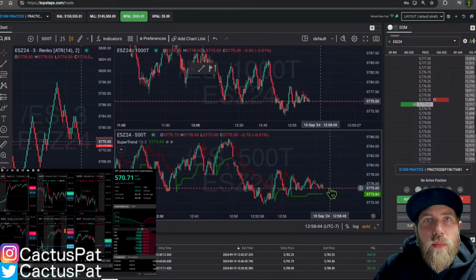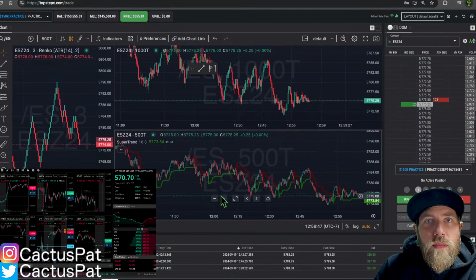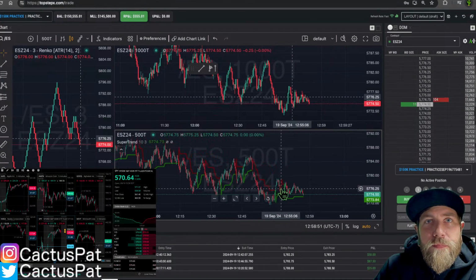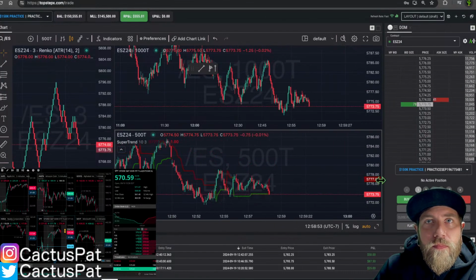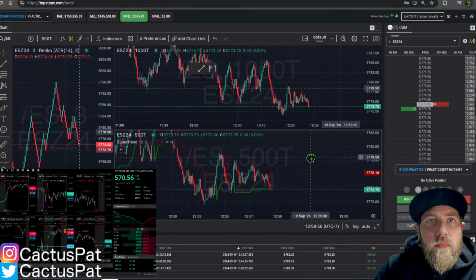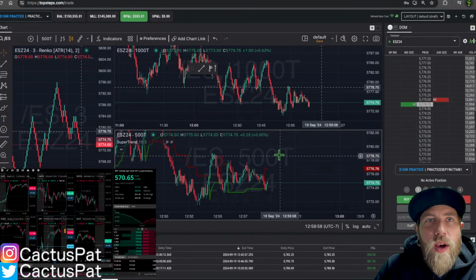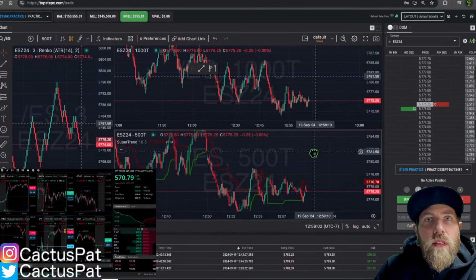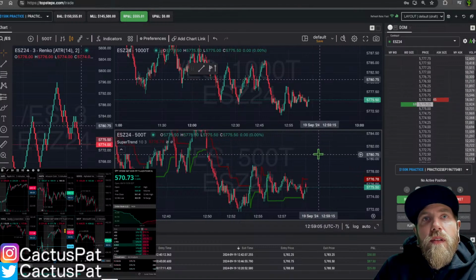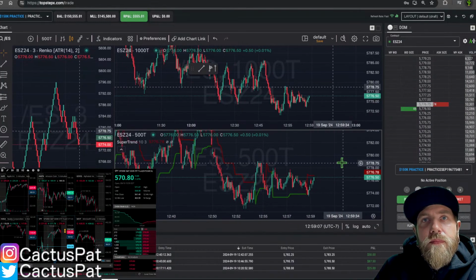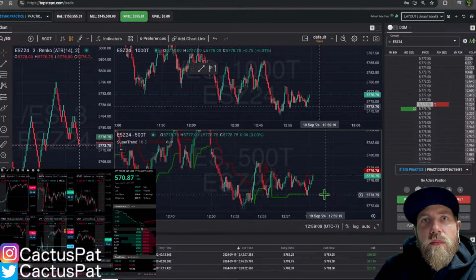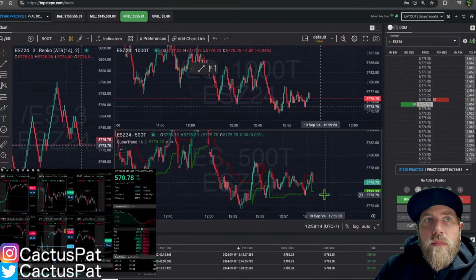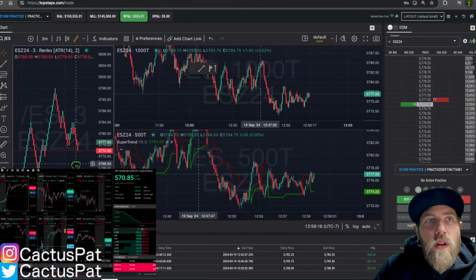Support looks good right here, but we'll see. Breaking down. That Super Trend trying to pop off. Oh, I'm going to print a green. Now watch the bricks over here.